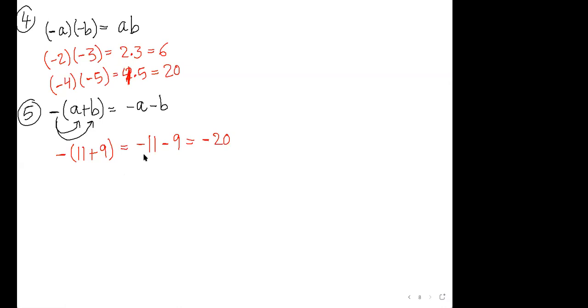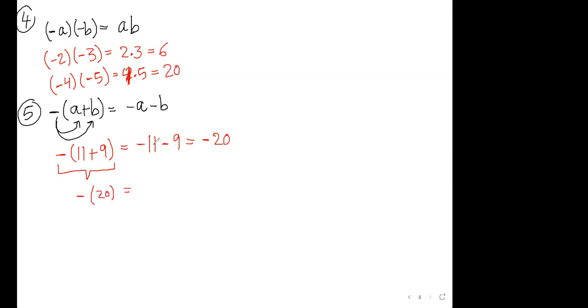So what does negative 20 mean? This means this part is equal to this part. Let me explain more. Here this part is minus, 11 plus 9 is 20.